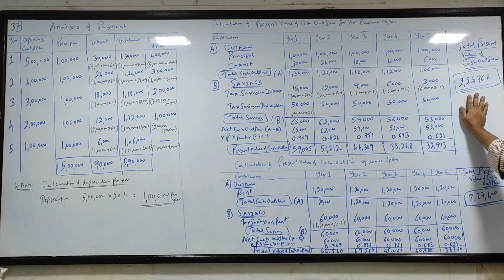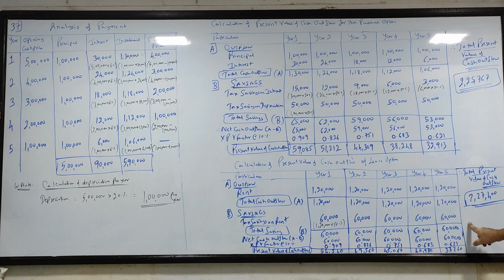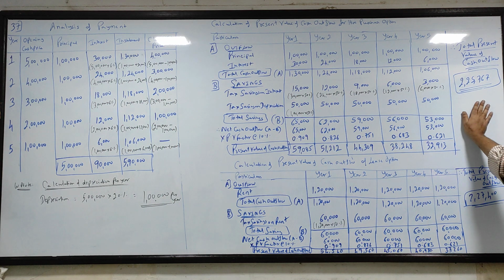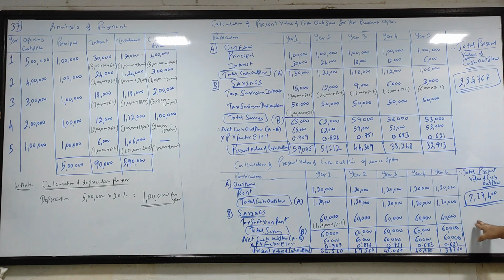Another way you can also conclude, money is also being saved. Here you don't become the owner, but here we also become the owner. So not only is our outflow less, but we get a chance of ownership. So this is better, but not necessary. Sometimes even the rental option is better in practical life, because if you can invest your money in an efficient way, you will always get higher returns as compared to the property.